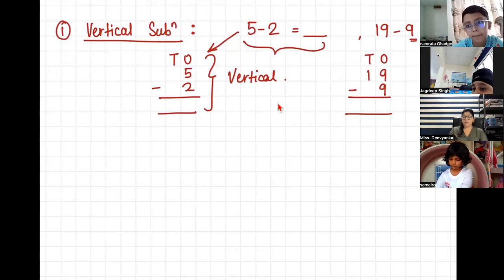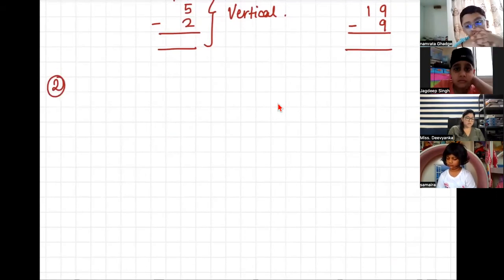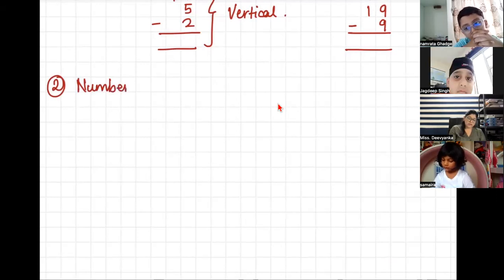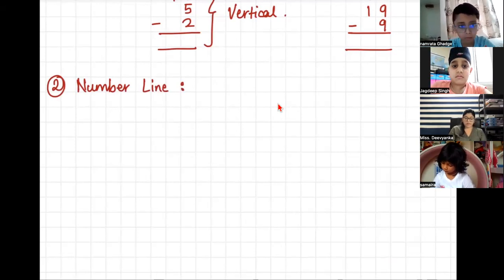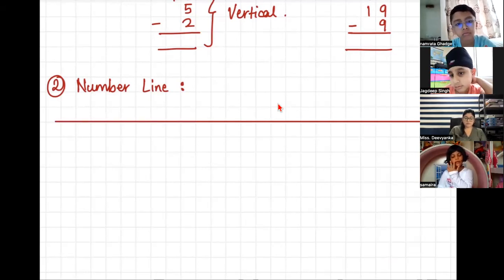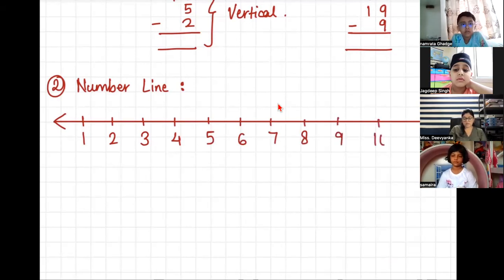Yes, ma'am. Okay. Now, the second is to use a number line. In a number line, the method is very limited, but still it can be used. So number line is 1, 2, 3, 4, 5, 6, 7, 8, 9, and 10.